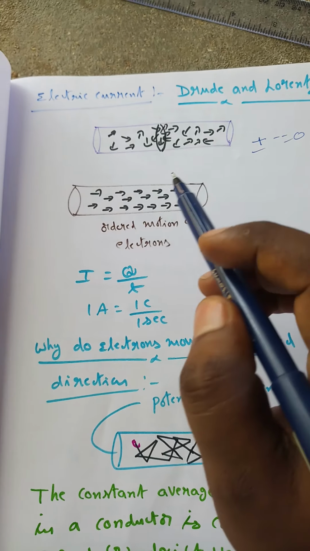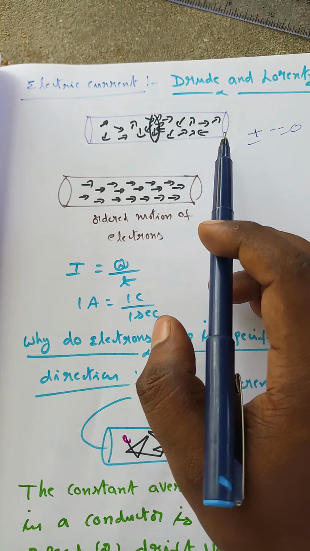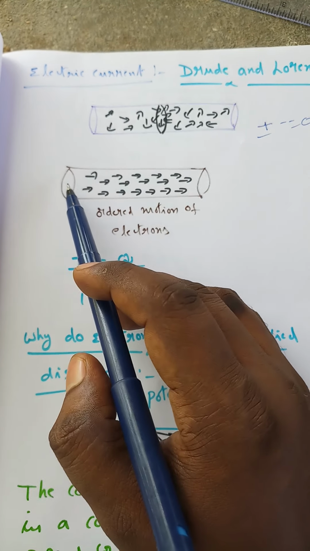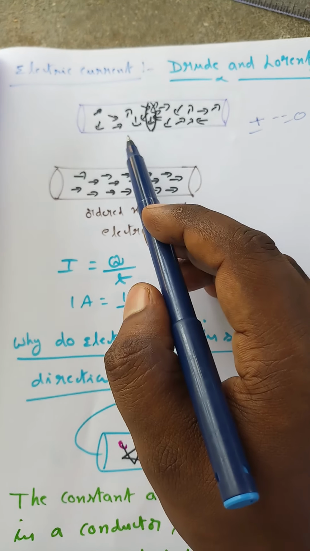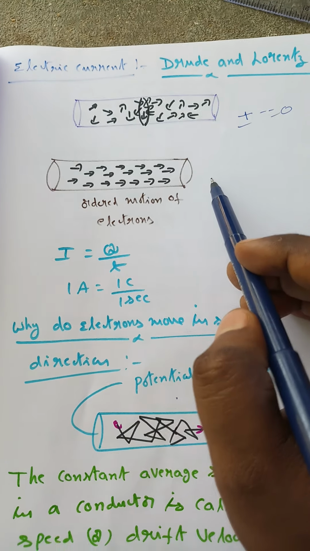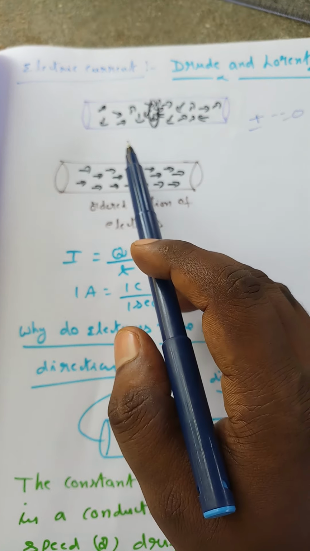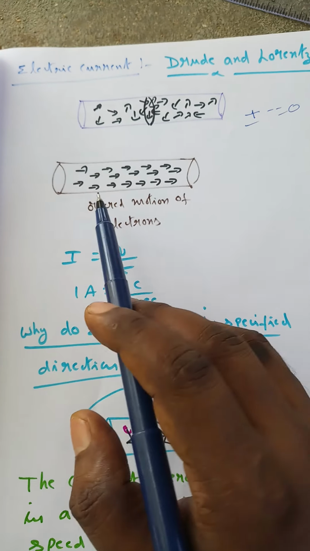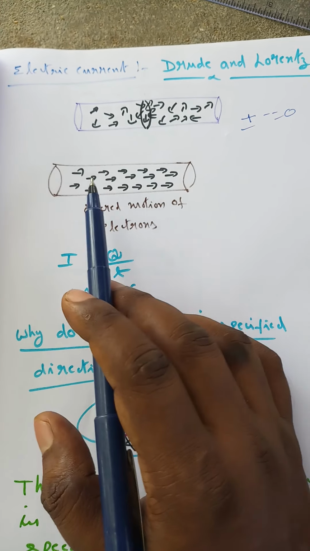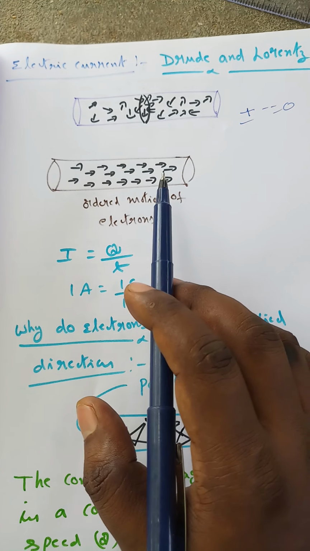Suppose the two ends of a conductor are connected to the two terminals of a battery, that means to a power source. See here what happens. All the electrons move in one order.